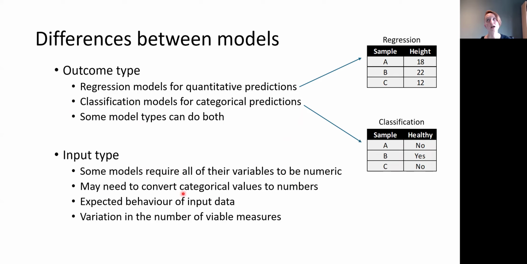So some expect it to be normally distributed, some don't mind at all. And there's also variation in the number of measures that we might want to use as inputs to our different model types. So some work pretty well with small amounts of data, some don't scale very well to really large data, and some need a lot more data in order to work well, essentially.